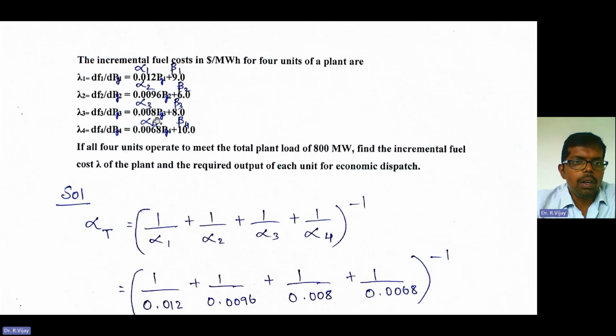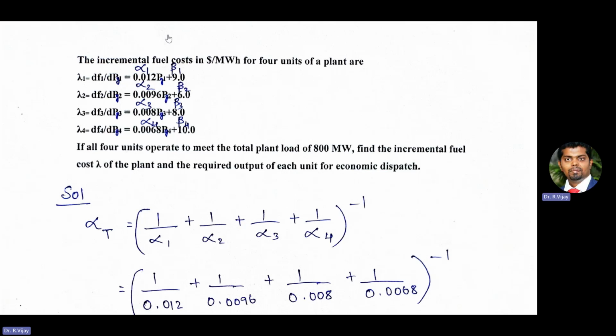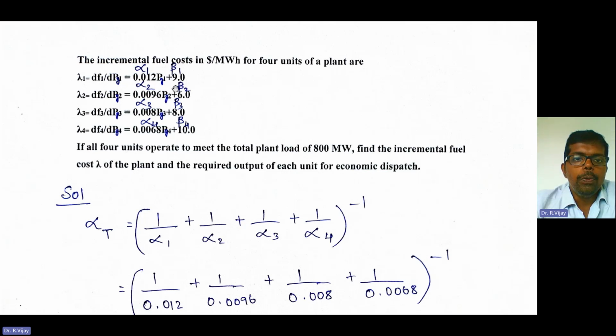Take note of this problem. The incremental fuel cost in dollar per megawatt hour for 4 units of a plant are: lambda 1 is equal to df1 divided by dpg1 is equal to 0.012 pg1 plus 9.0.